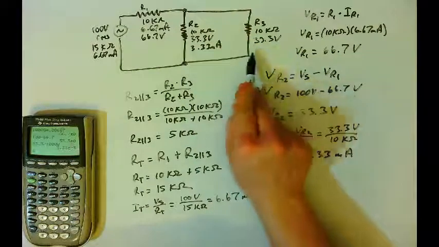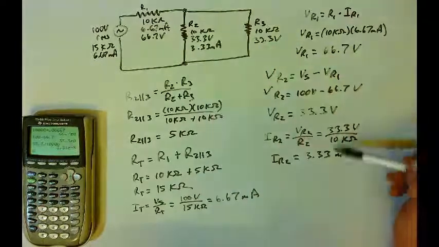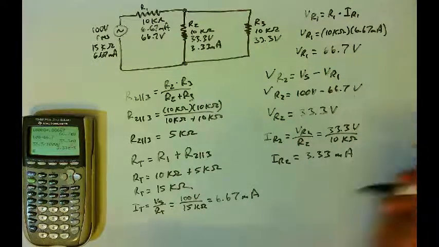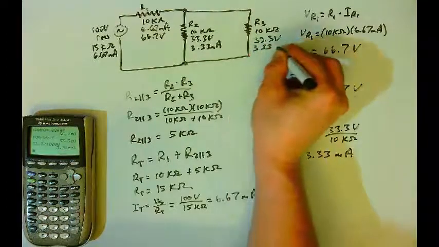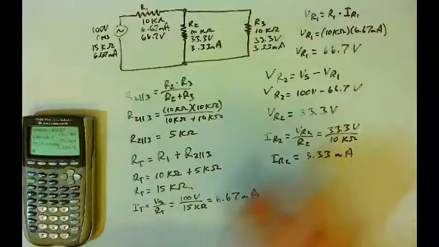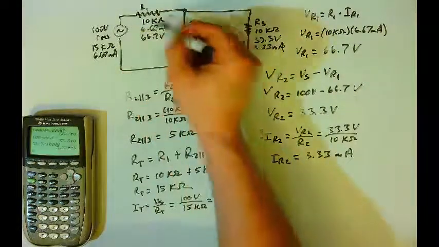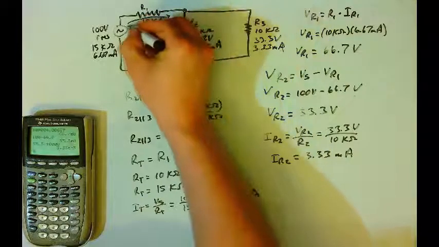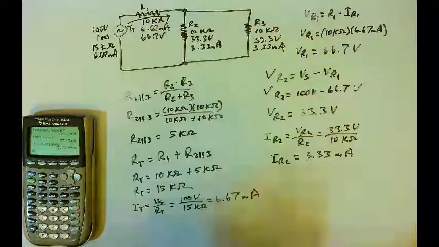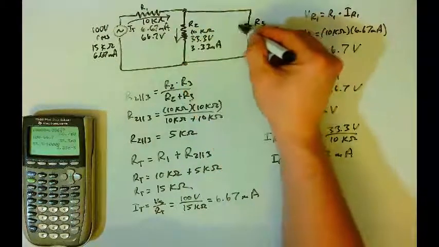Now I'm going to get the same answer for R3 because they have the same resistance and the same voltage, and so R3 will have the same current as well. The current here is also 3.33 milliamps. And Kirchhoff's current law says that as the current flows through R1, this is the total current, when it reaches this node, it splits, and some of that current flows through R2, and some of it flows through R3.